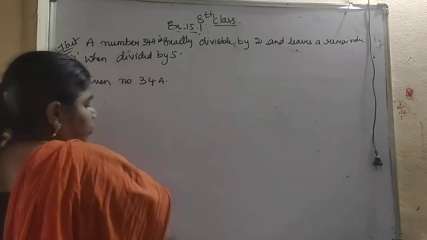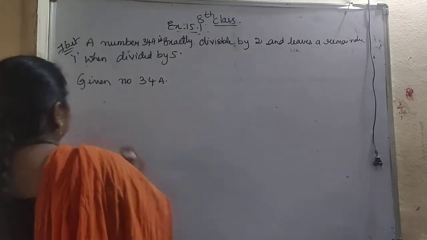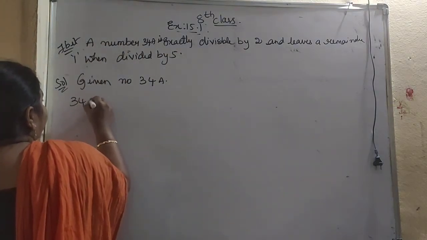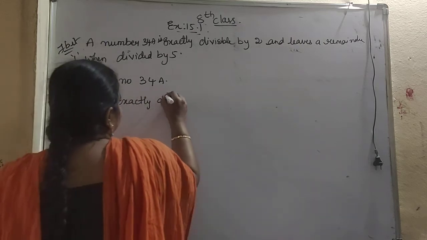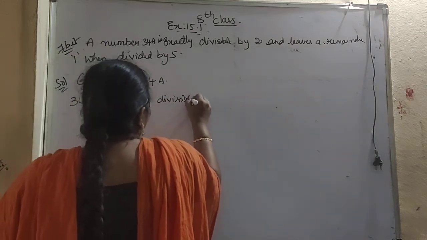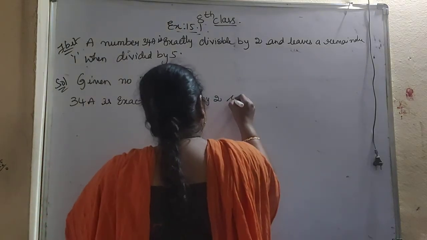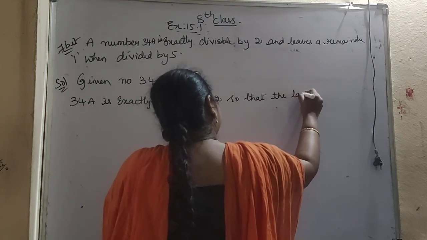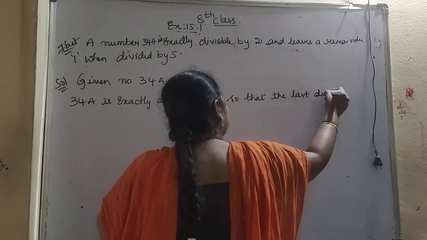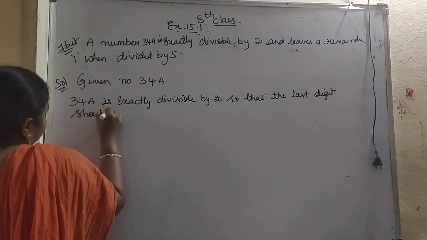Here the number is 34a and they told us it is exactly divisible by 2. So the last digit should be 0, 2, 4, 6 and 8. Only these numbers can be in place of a.